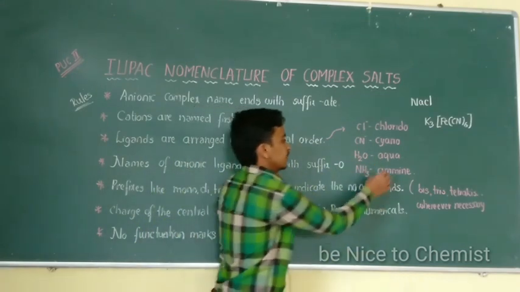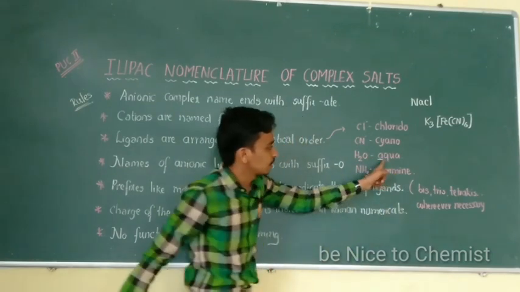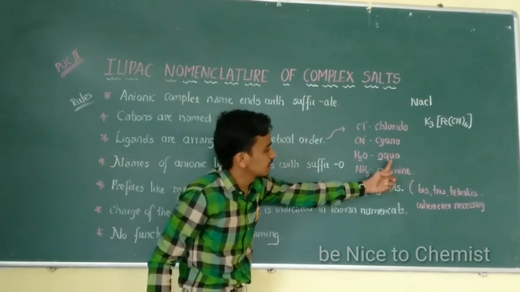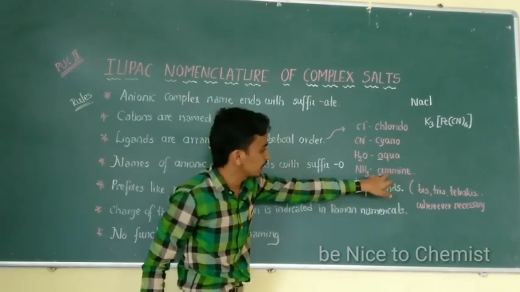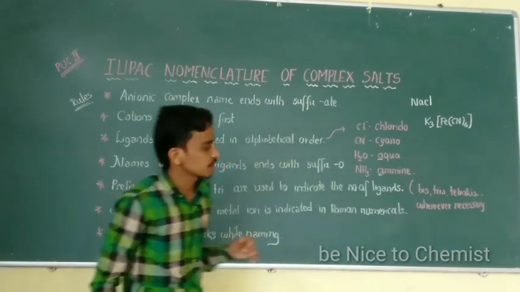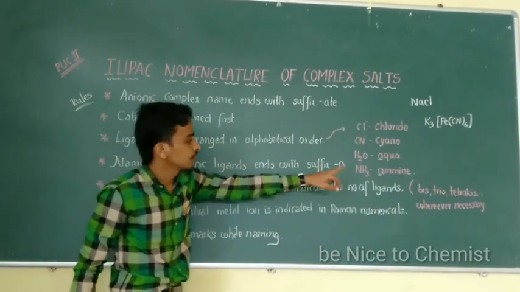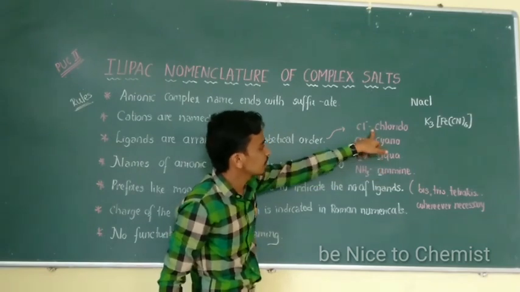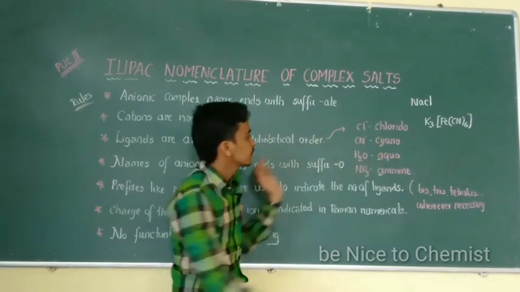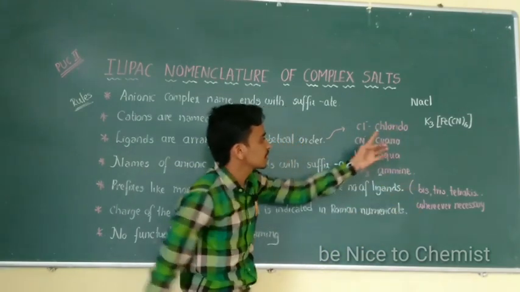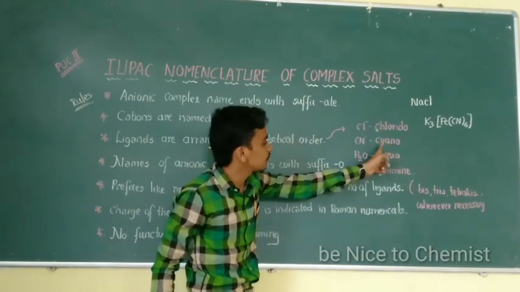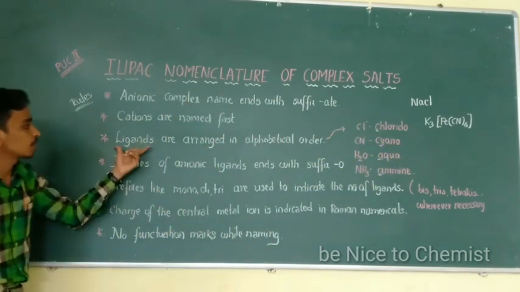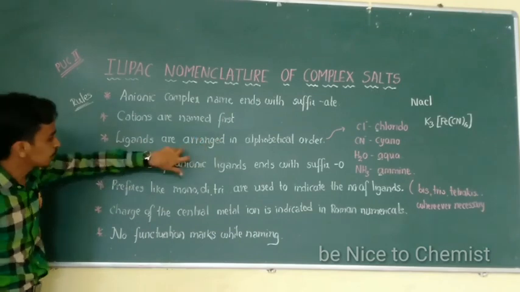Aqua has A, amine has A. But when two are the same, you have to consider the next letters. M and Q, therefore M decides first, next one Q. Then C, C again; after C comes H, and Y, therefore Y is written at the end. Like this, the order of these ligands is decided.